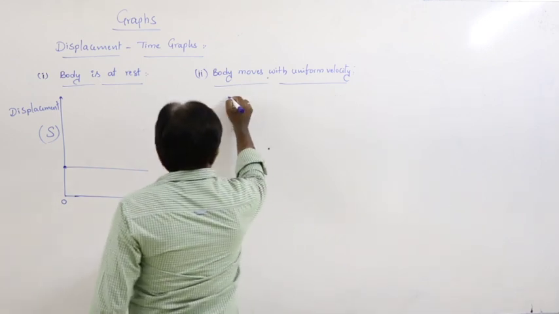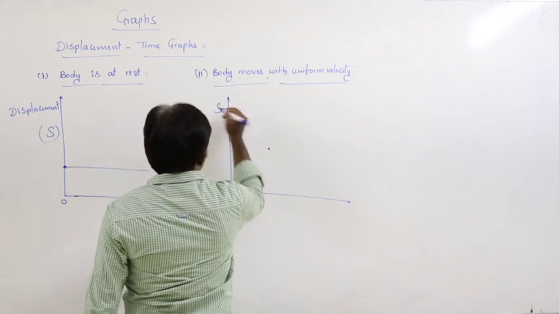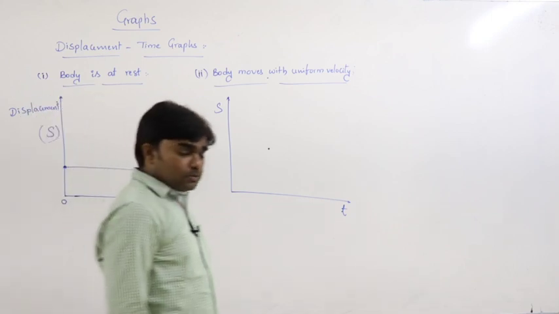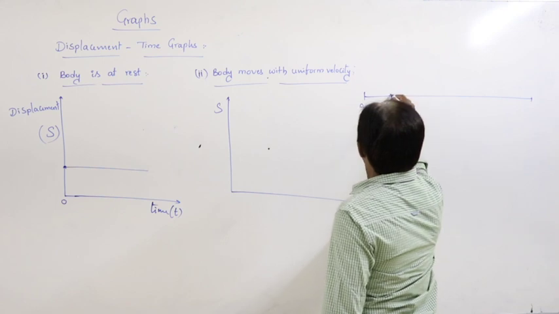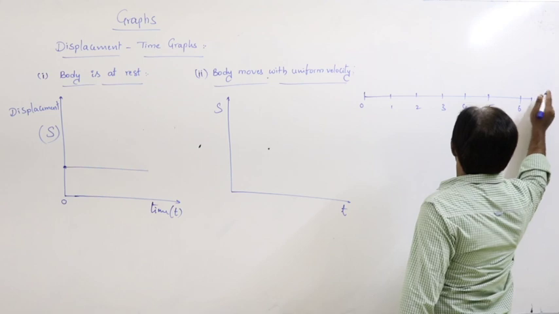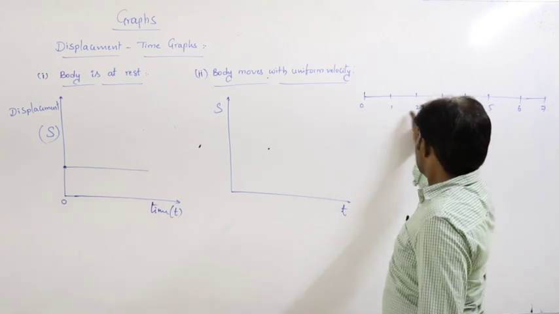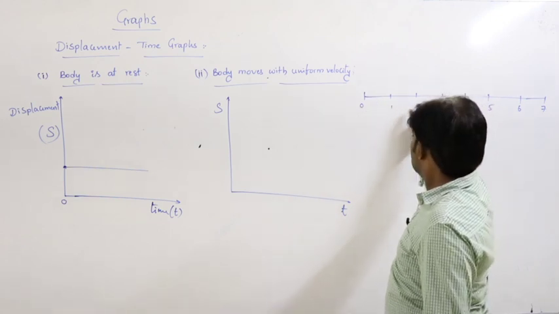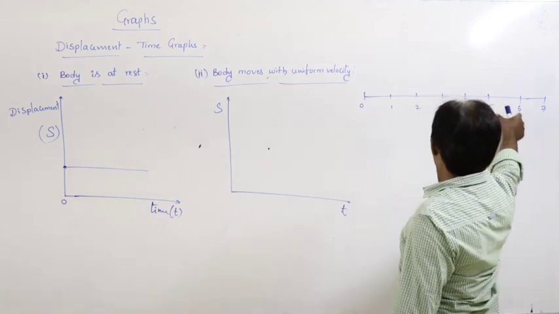See here, displacement and time. The condition is equal displacements in equal intervals of time. Let us say 0, 1, 2, 3, 4, 5, 6, 7 like that. What are the intervals? 0 to 1, 1 meter; 2 to 1, sorry, 3 to 2, 4 to 3, 5 to 4, 6 to 5.